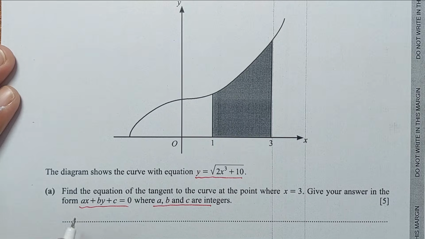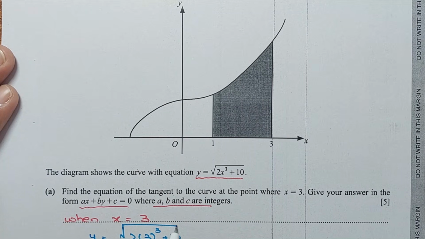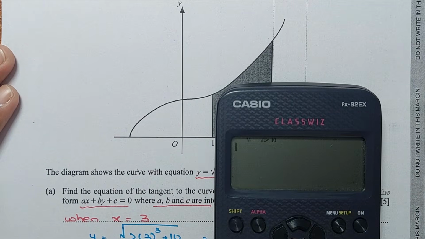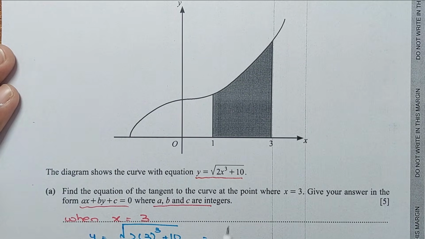So when x is 3, what is the y value? When x equals 3, we have to solve for y. So the y value is root of 2 times 3 cubed plus 10. That is 3 cubed times 2 plus 10, and the root of the answer is 8. The y value is 8.